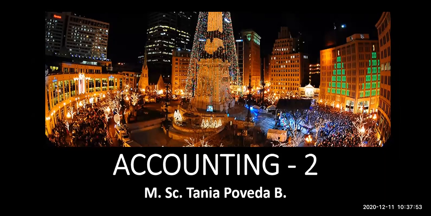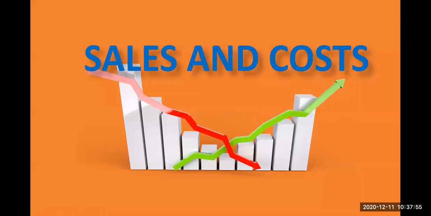Okay, today we are going to talk about something that you know very well, something that you maybe know more than other people: sales and costs. You probably know this in Spanish, or study this in Spanish, right? So what is the difference between sales and costs?